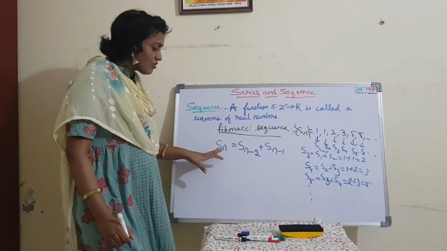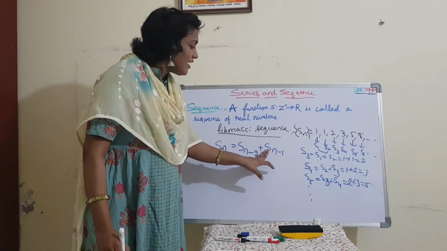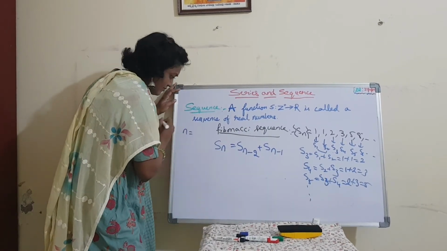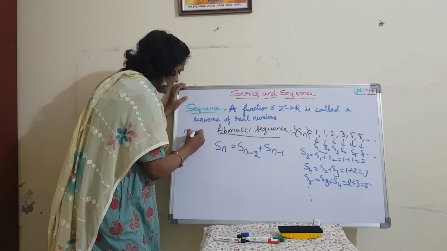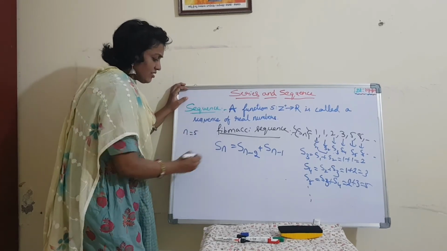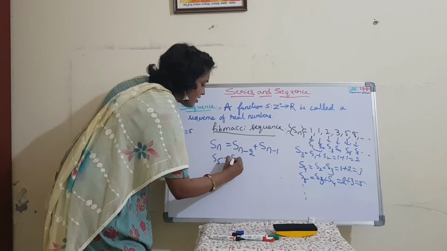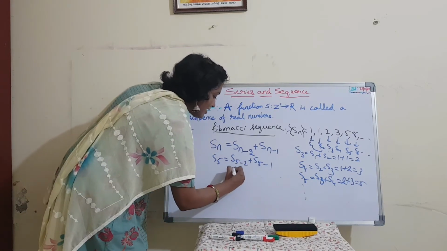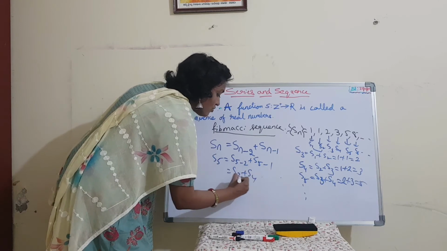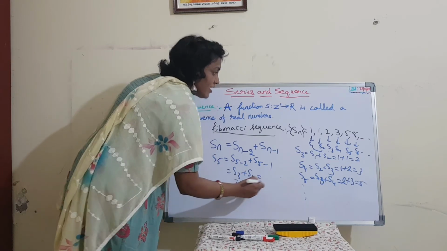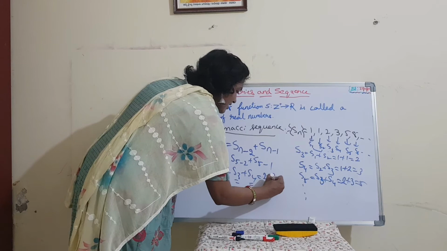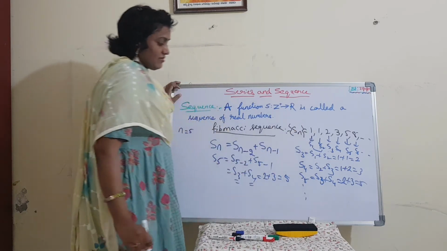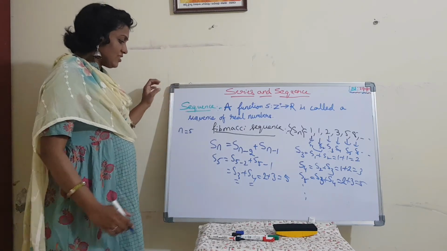Suppose we take n is equal to 5. What will we get? S5 is S5 minus 2 plus S5 minus 1, that is S3 plus S4. What are S3 and S4? 2 plus 3. We'll get 5. S5 is 5. Like that you can write, and so on.